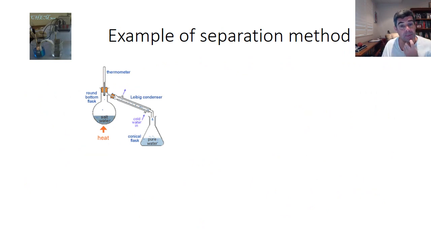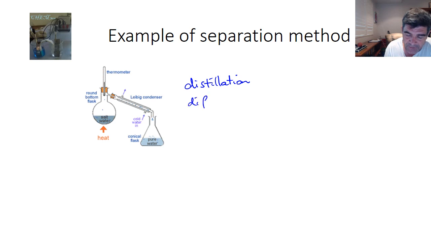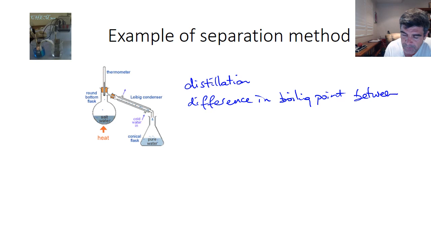To look at an example in a little bit more detail, this example is distillation. It relies on the fact that, again, there are differences in boiling point between components of the mixture.